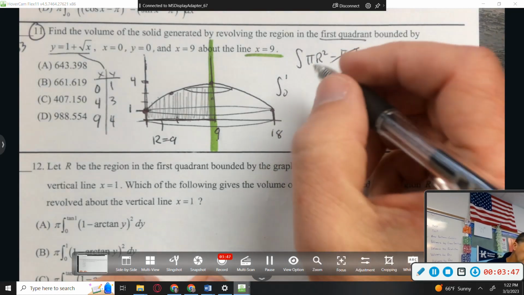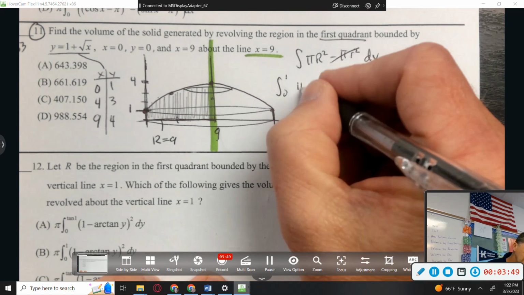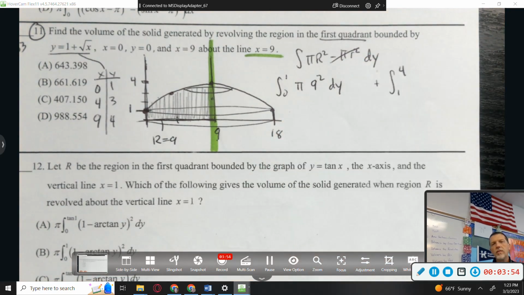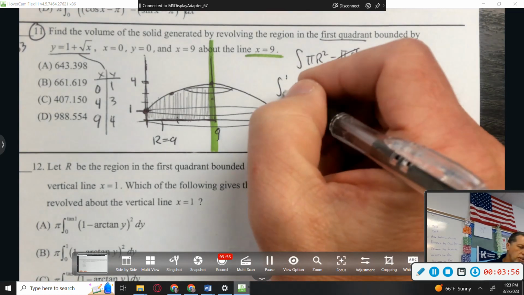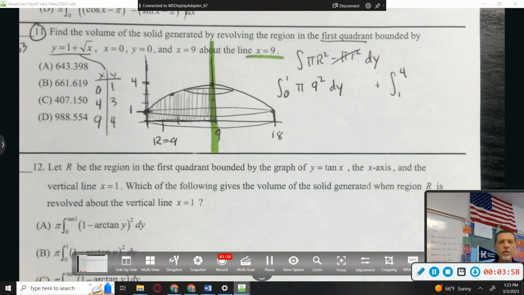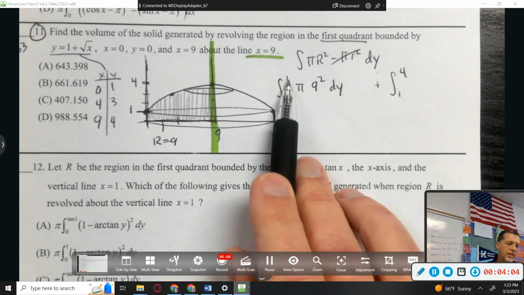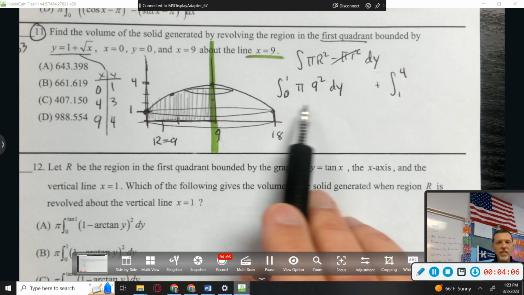So from 0 to 1, big R is 9. So that's an easy integration. I mean, it's in the calculator anyway. That's just going to be pi r squared h. So that's the volume of a cylinder.